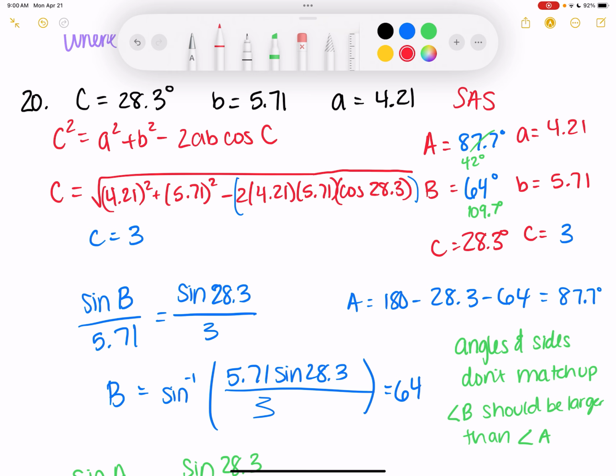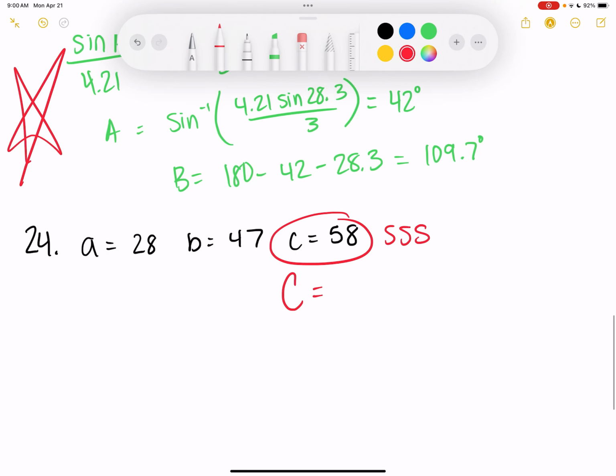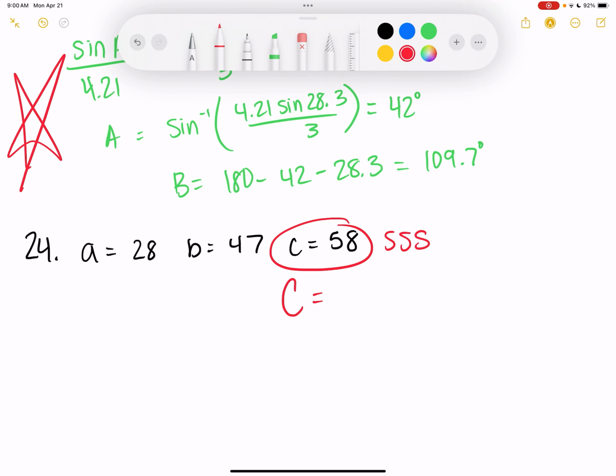But what this book is saying, which is interesting, is that if it's side angle side, we should find the smallest remaining angle first, then the biggest one, or whatever's the next one. But with side, side, side, we should start out with what should be the biggest. And the biggest side happens to be C here, meaning I should be solving for angle C.